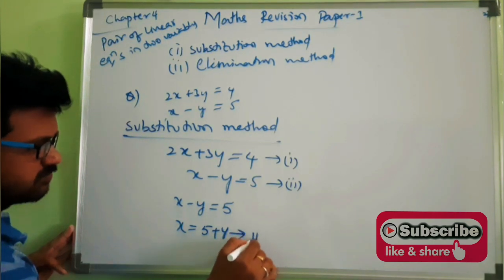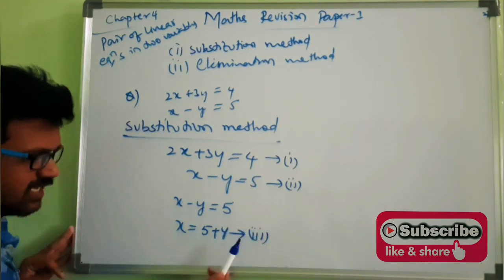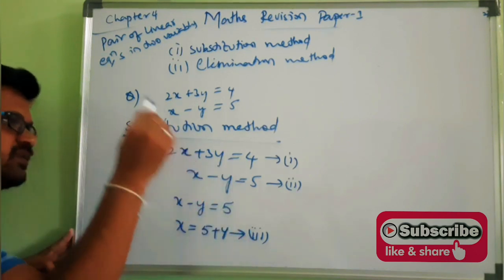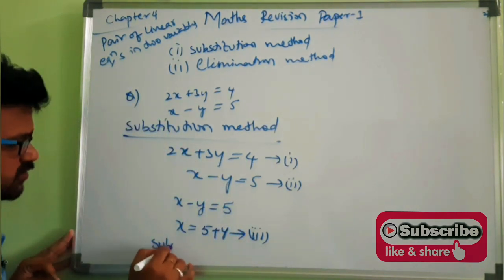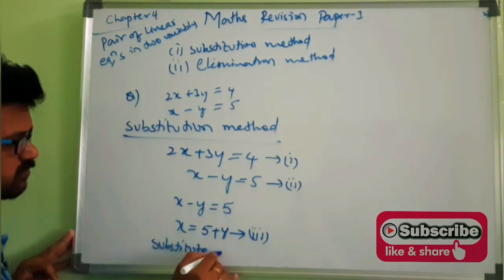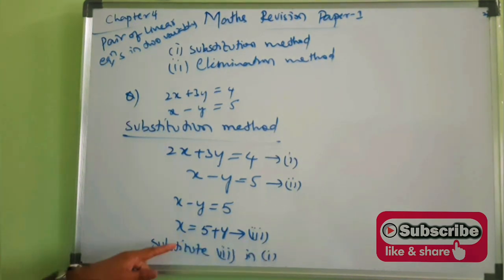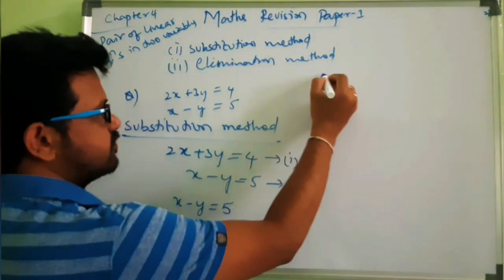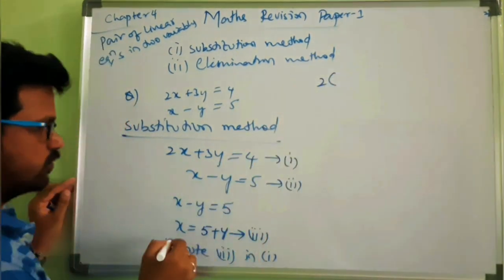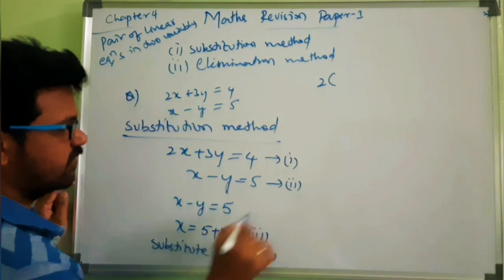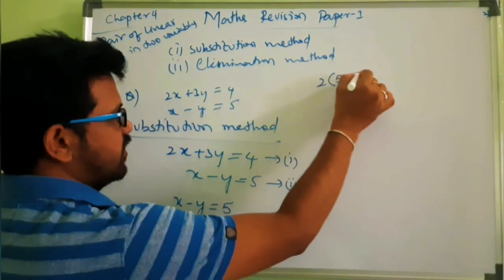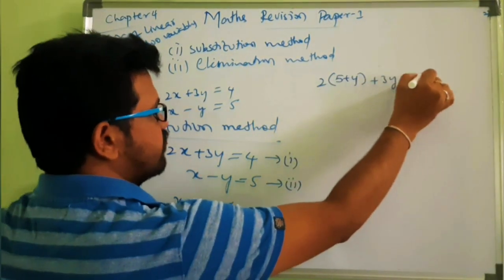Let this be 3. Now what you have to do is substitute equation 3 in equation 1. In the place of x, we get 2 into (5 plus y) plus 3y is equal to 4.